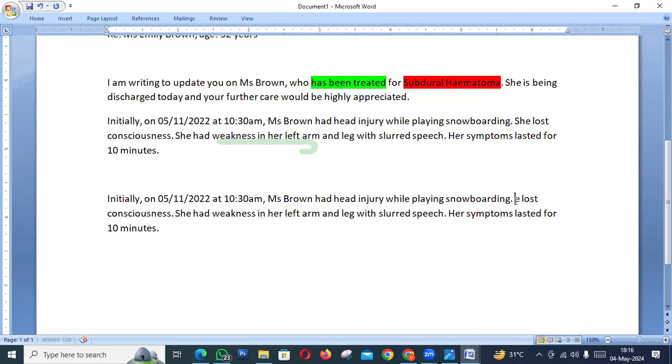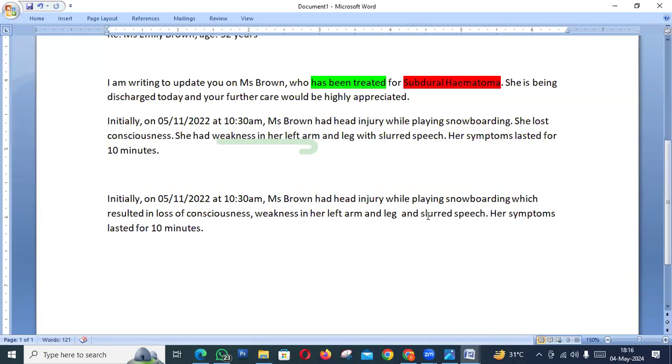So what I can say here, even you can skip snowboarding and these things, but if you want, you can mention which resulted in loss of consciousness, comma, weakness in her left arm and leg, and slurred speech.